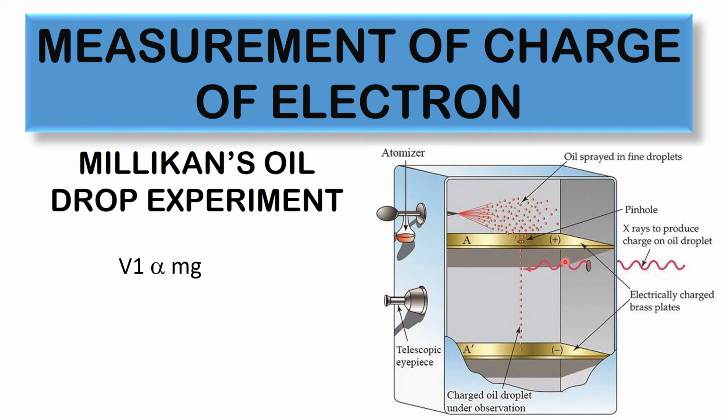You can see that plate A, the anode, is positively charged and on top here, and the cathode is at the bottom. Because these droplets get negatively charged by the X-rays, they will be repelled by the cathode, which is down here, and attracted by the anode.